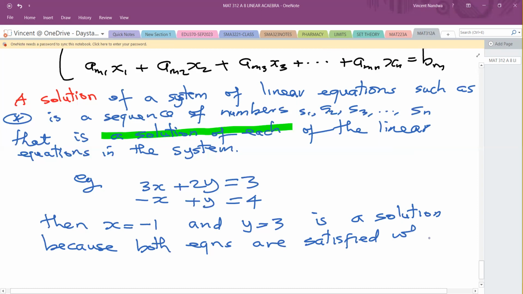You can check that when you put in -1, you have -3, 2 times 3 is 6, -3 plus 6 is 3. And then here, -(-1) is 1, plus 3 is 4. So the two equations are satisfied.